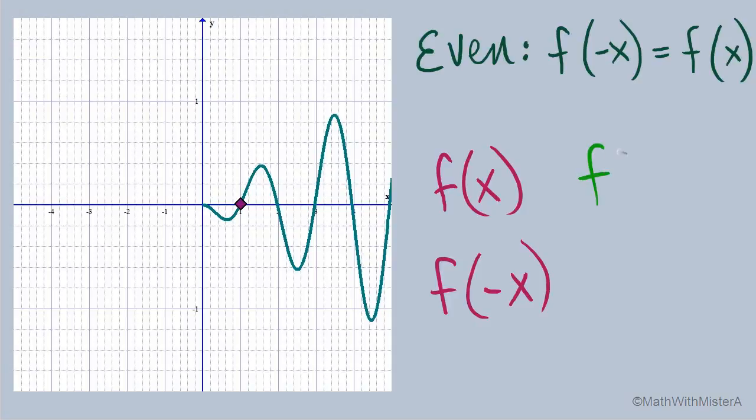So for an example, if I look at the value of the function when x equals positive 1, looks like we are just a little bit above the x-axis. The function will have the same value when x is negative 1.